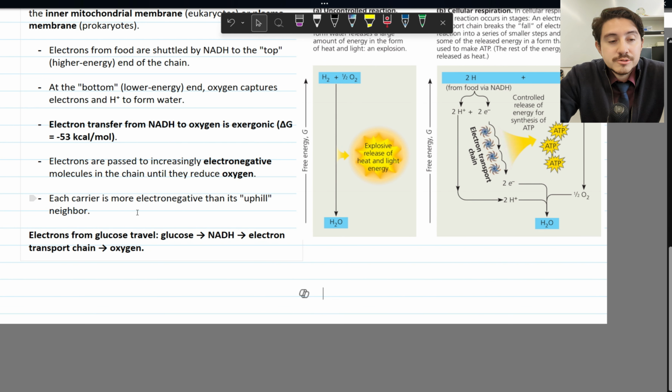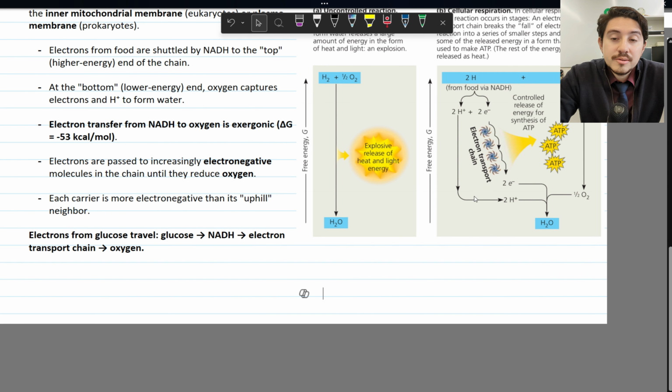Okay, until they reduce oxygen, and each carrier is more electronegative than its uphill neighbor. So let's say if you're seeing this little panel here, an electron is passing down from one molecule to another more electronegative molecule, and so forth, until you pass to oxygen, which produces water.